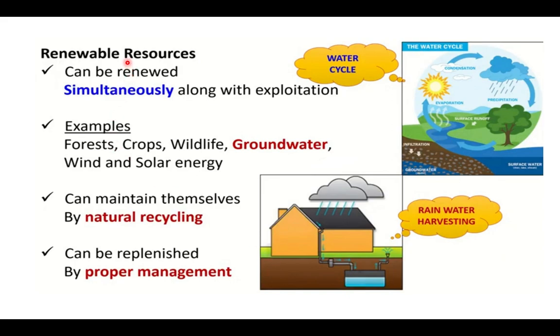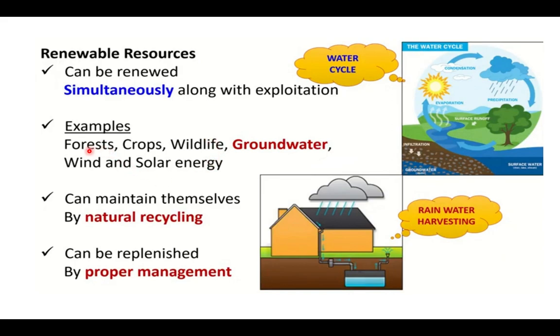And next, let's see about the renewable resources. Renewable resources can be renewed simultaneously along with the exploitation. They can be replenished or renewed. For example, forest, crops, wildlife, groundwater, wind, solar energy, all these are renewable resources.